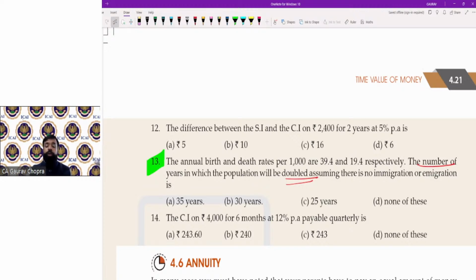So simply you have to calculate the difference between compound interest and simple interest. How many rupees difference will come, this you have to calculate. So first you find the compound interest, then find the simple interest, and then the difference of both.